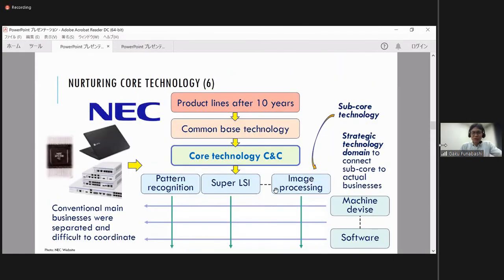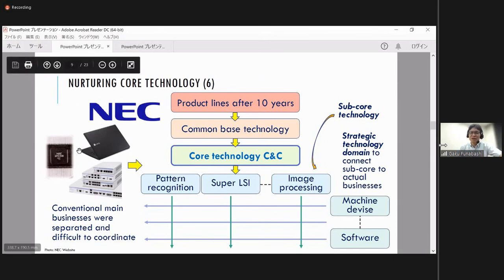I want to show one example of a Japanese company related to nurturing core technologies. NEC is one of the large enterprises which produces computers, IC chips, and things related to computer communication.